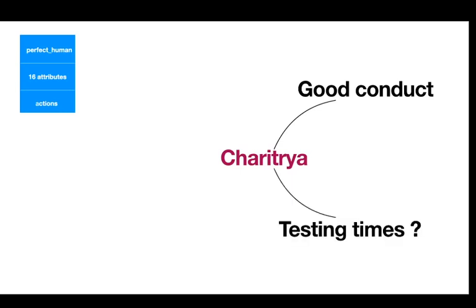Charitrya is the next attribute, which roughly translates to character, but we will call it good conduct. Behaving well when times are good is easy, but how does one behave?